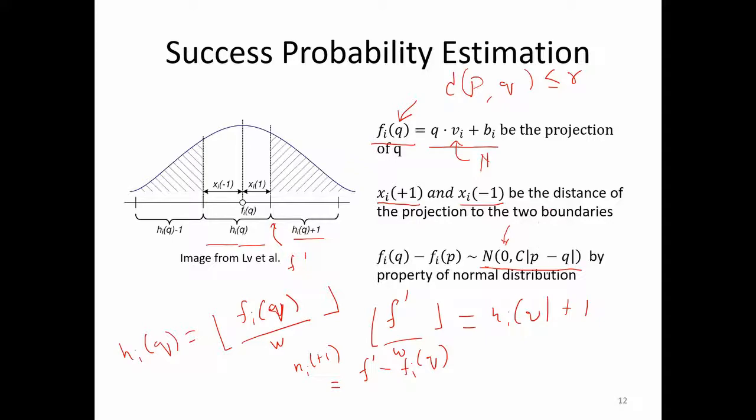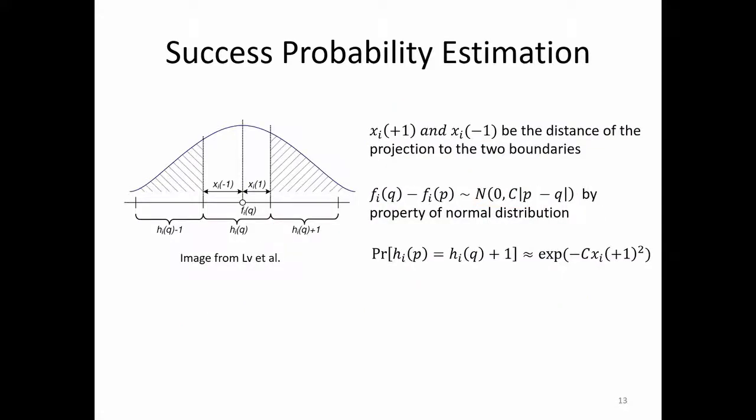If this distance is 0, then they will always fall in the same bucket. But as the points go further and further, till this distance r, on an average they are expected to fall in the same bucket, but there is a variance here. This is also called a stable distribution. So Gaussian is a stable distribution, and that is the property that we are utilizing here.